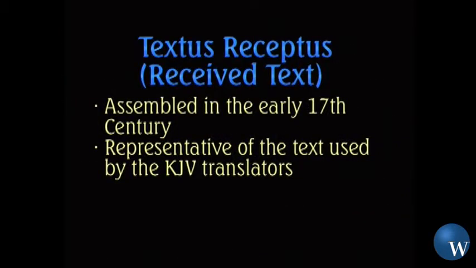Let's notice a few things about the received text that you want to keep in mind as you think about this copy of the Greek New Testament. It was assembled in the early 17th century, and it is also representative of the text used by the King James translators. The word Textus Receptus means received text. So that's one particular copy of the Greek New Testament.